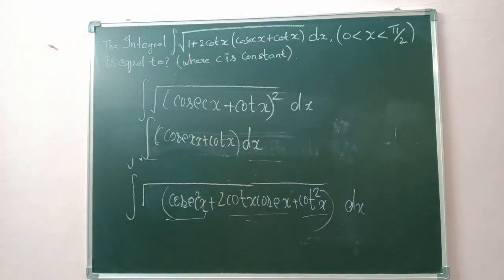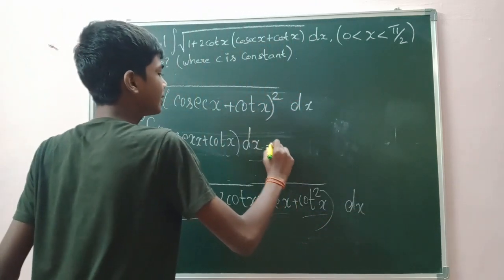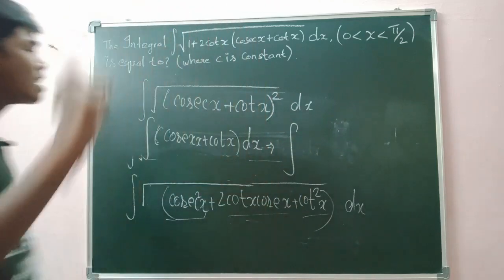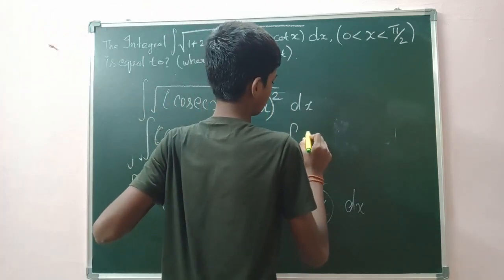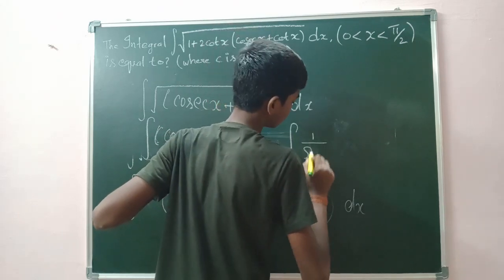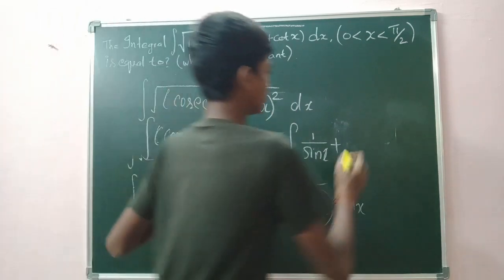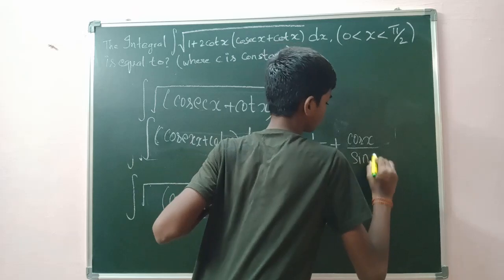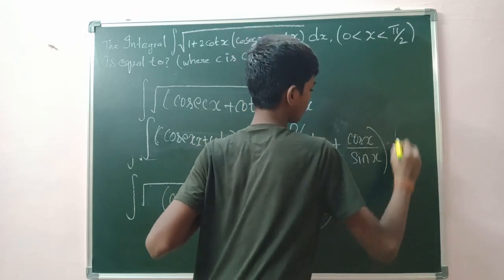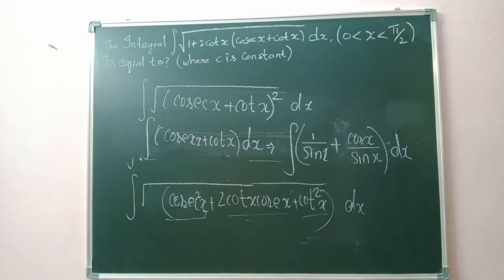In this video, I am telling each and everything that you guys are supposed to note. So now this same integral I can write as, listen, cosecant x as 1 by sin x, and this cot x as cos x by sin x, then the whole dx. So I can write like this now, using basic identities that you guys learned in your 10th standard.